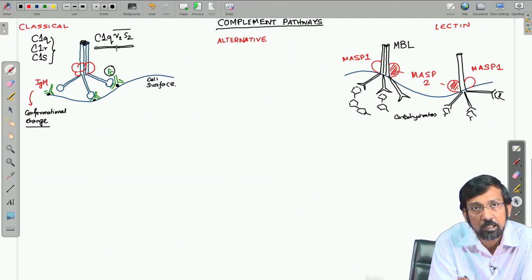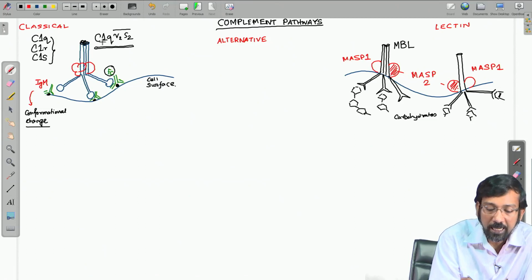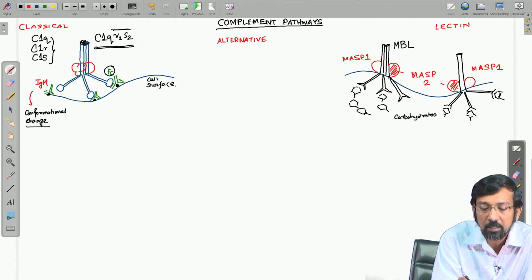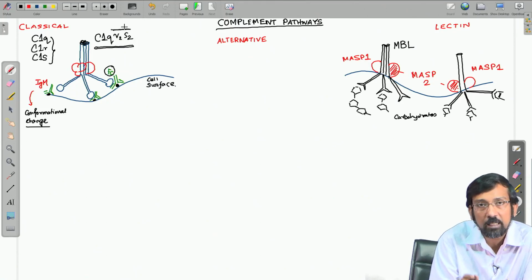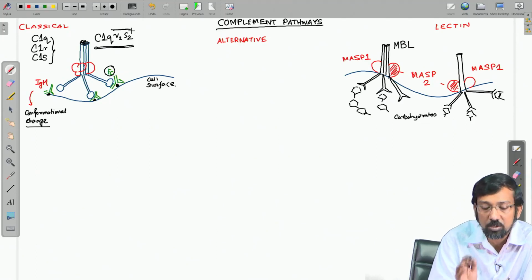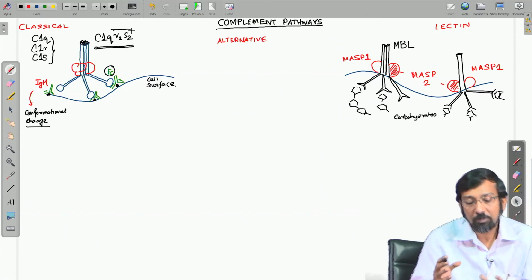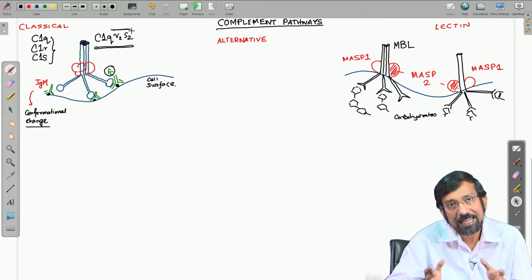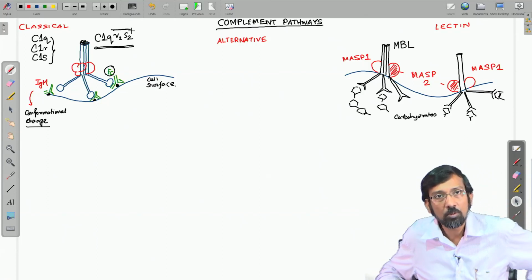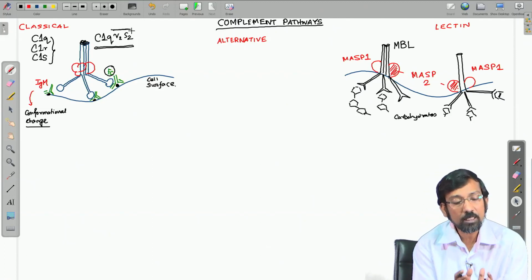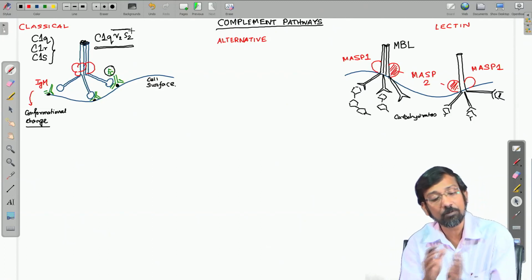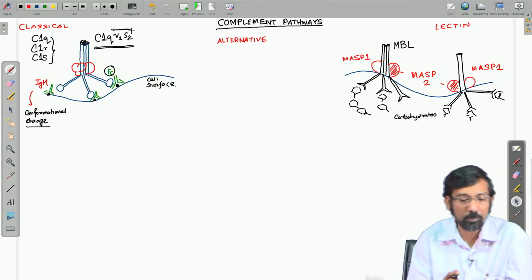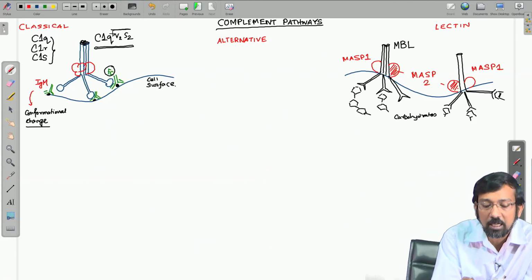That is why it is R2S2, and this bar over here, usually in a complement activation pathway, indicates an active protease or an active protein. After these cleavage products associate with each other and with the target proteins, they form these active proteins which can cleave further complement proteins. So, they are indicated by this kind of bar on top.